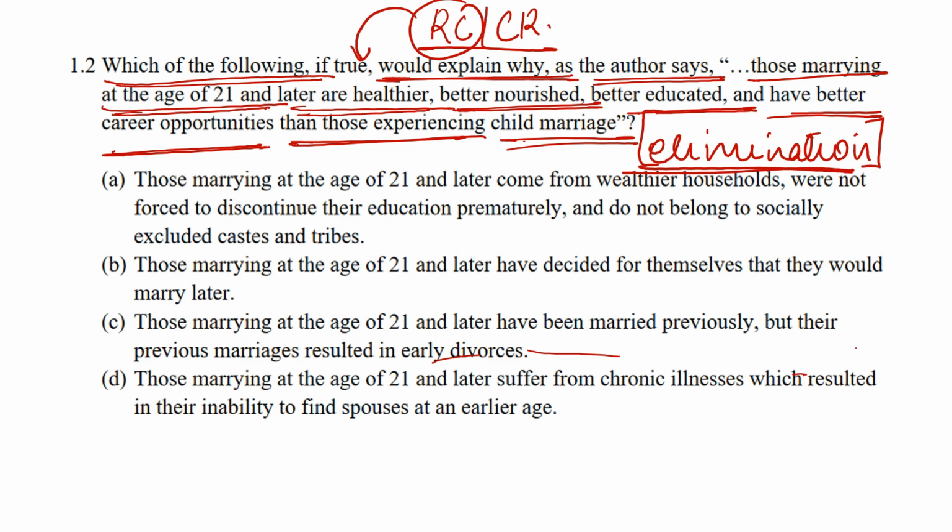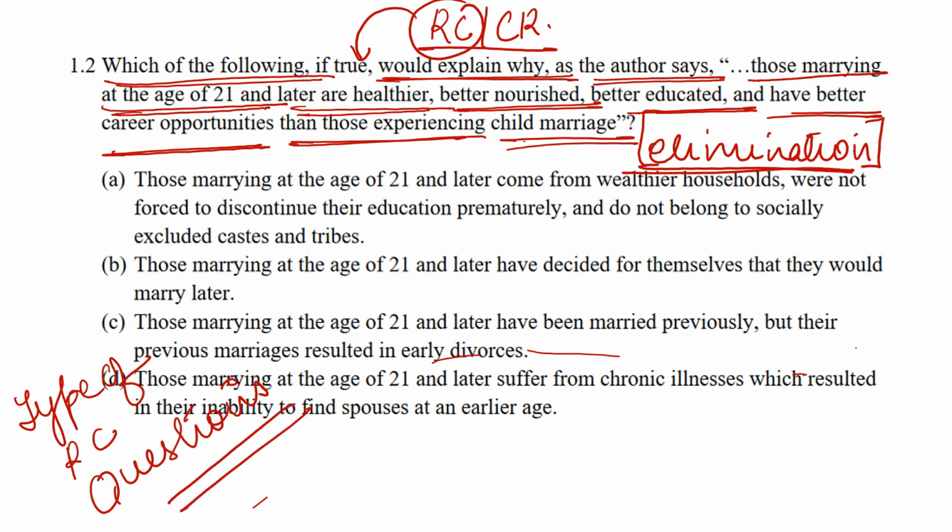If you had applied the rule of elimination, you could have easily crossed out the answers on the basis of the passage and arrived at the correct answer, right? So we have to learn how to solve different types of RC questions. This we have noted. I'm going to tell you how to do that in a while, but let's go through the questions and then I'm going to tell you the entire strategy.